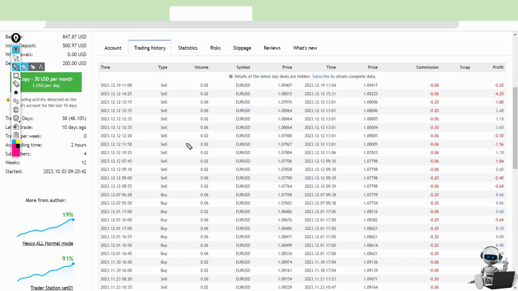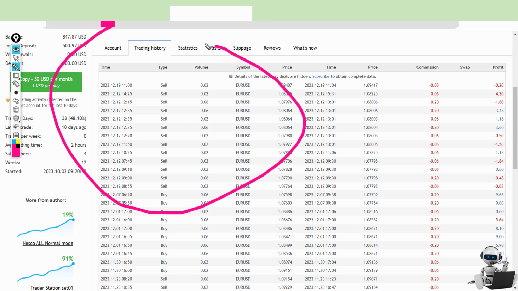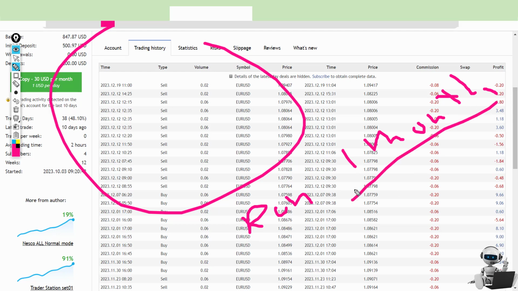So what I will do, usually if I like an EA, I will run it for 1 month on a demo account from a broker that I like, for example Fusion Market, and then I will see if the EA is good on demo.